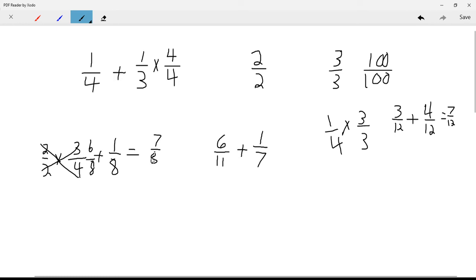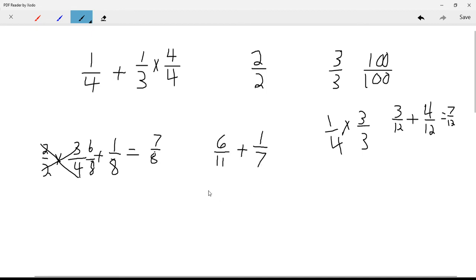Okay, pretty simple. Now in this one, the numbers are going to get a little bigger, but the least common multiple of 11 and 7 is actually just going to be 11 times 7, which is 77.